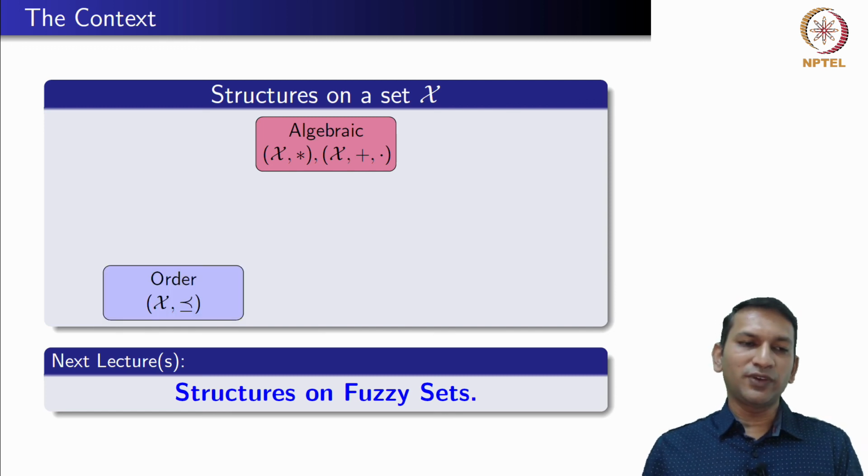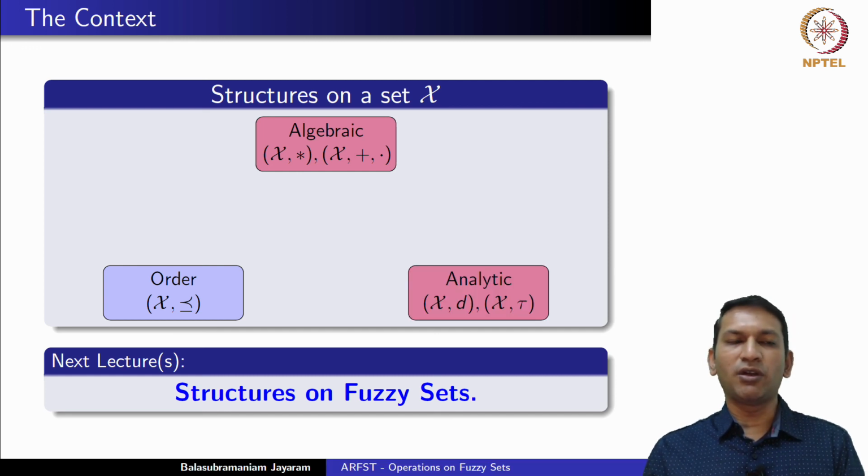You can also define relational structures on a given set X. For instance, many of you may already know about partially ordered sets, which will be subject of discussion in one of the coming lectures in this week. We could also have analytical structures on X. For instance, a metric structure. That means a set X on which a metric is defined. Or a topological structure.